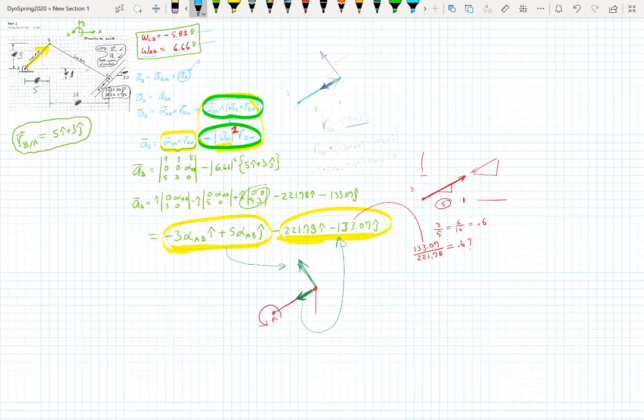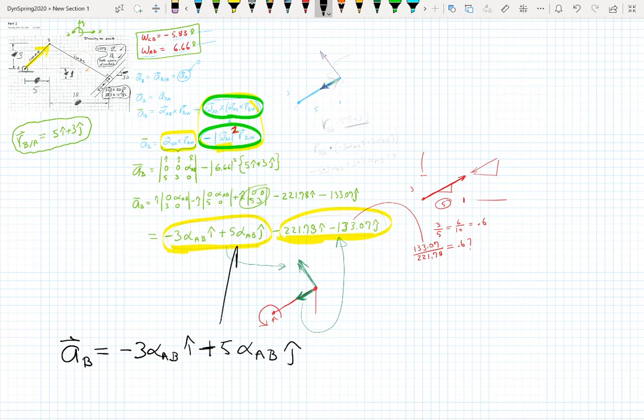But what I do know is, here, I'll write it out. I do know the acceleration of B is in fact equal to minus 3 alpha AB i plus 5 alpha AB j, and all I'm doing is recopying that equation, minus 221.78 i minus 133.07 j.